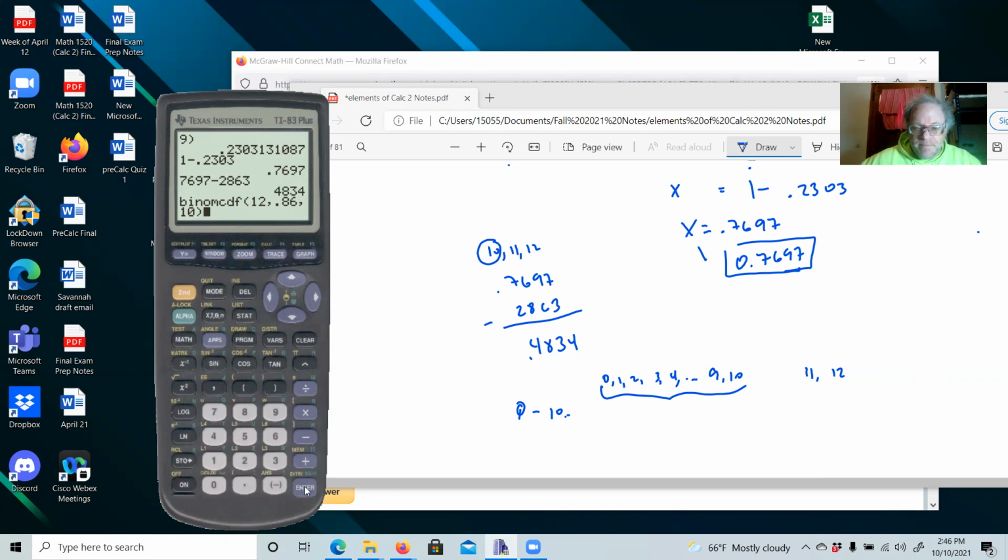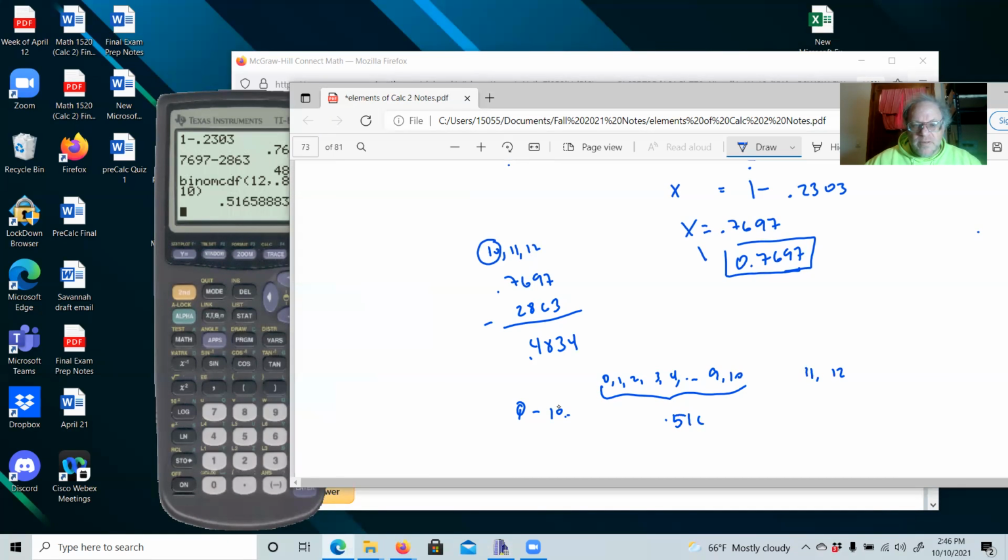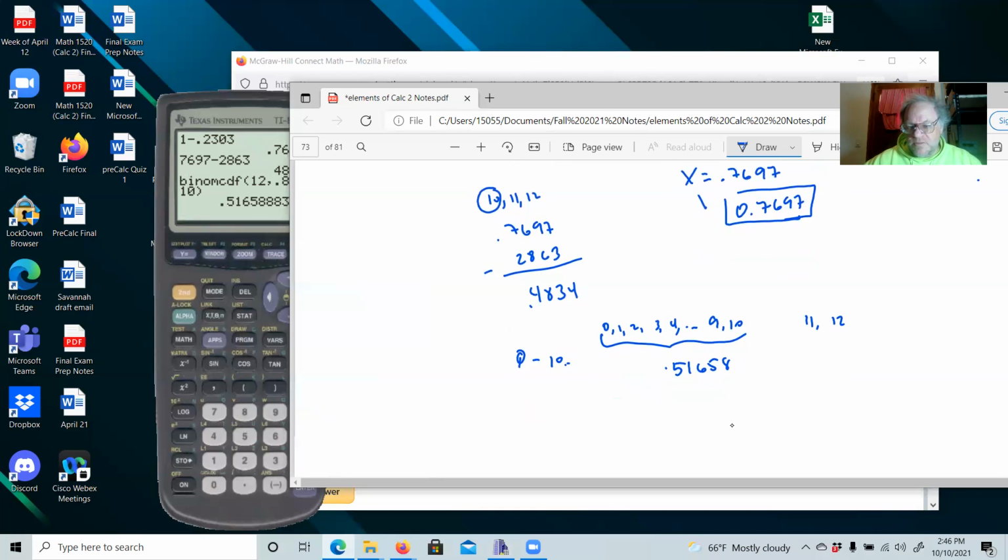All right. We ended up with 0.51658, which is really 0.516566, right? Because we round up by 1. All right, so the 11 or 12, that's going to be 1 minus whatever this number is.